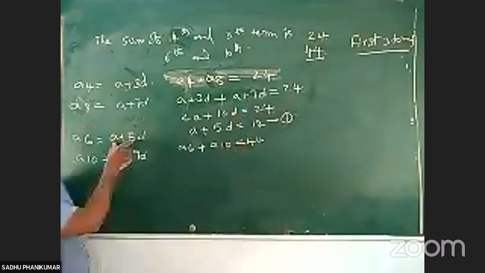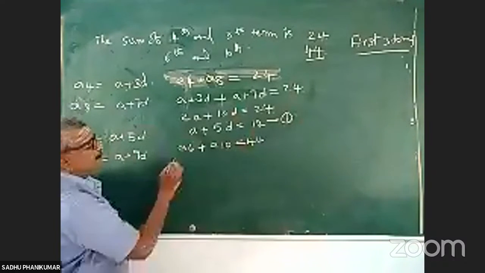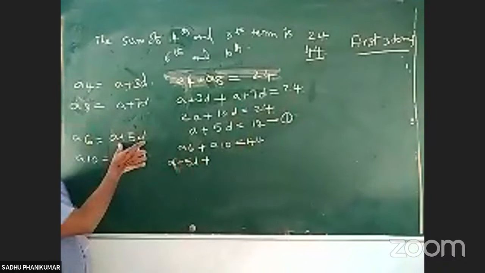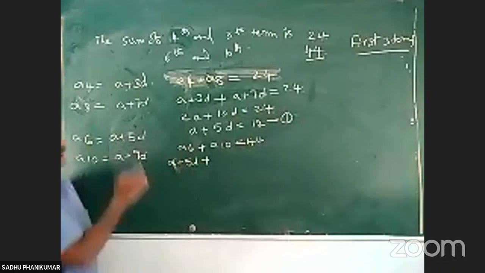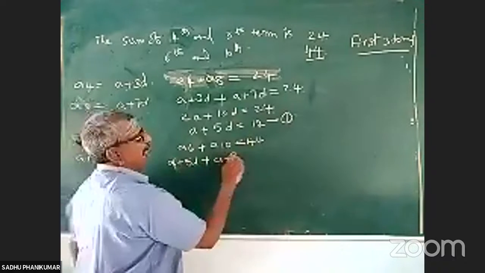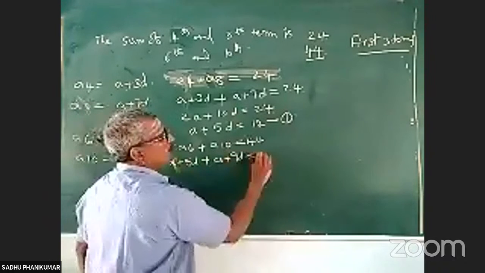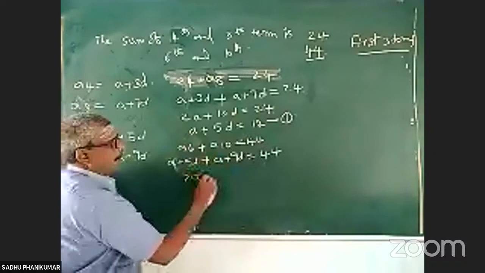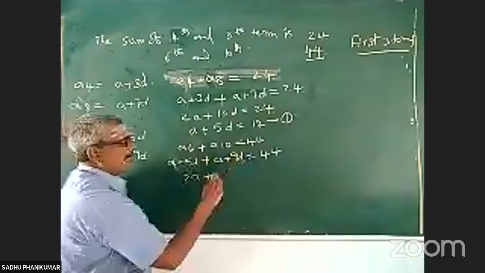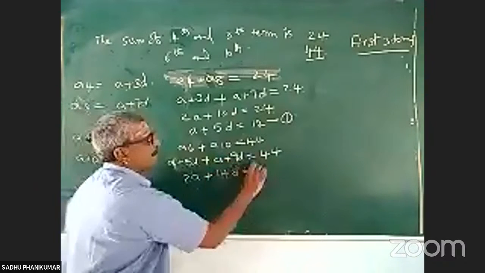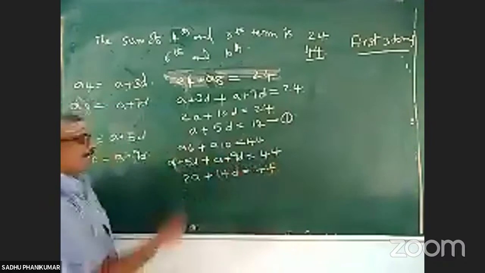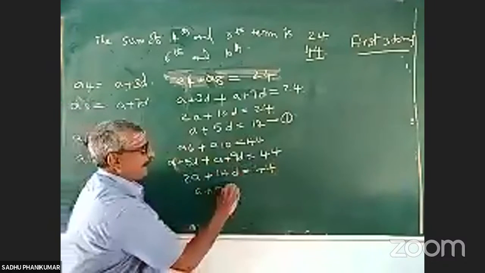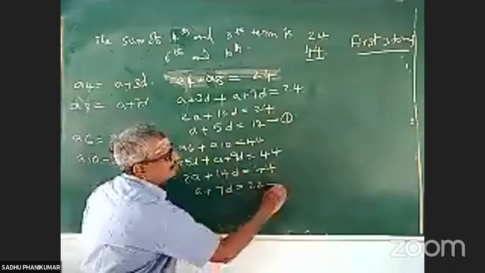So A plus 5D plus A plus 9D is equal to 44. 2A plus 14D is equal to 44. Again, dividing by 2, A plus 7D is equal to 22. This is equation 2.